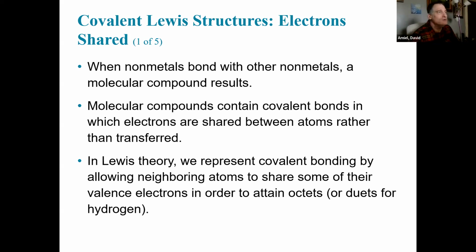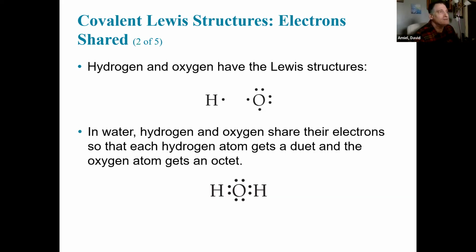So let's talk about Lewis structures for covalent compounds. Here is hydrogen and oxygen. Oxygen has 6, hydrogen only has one. And we see that we need to include two hydrogens to give oxygen its octet.